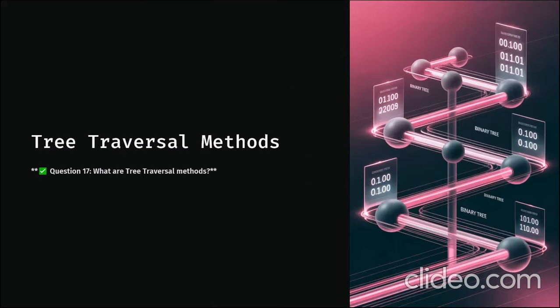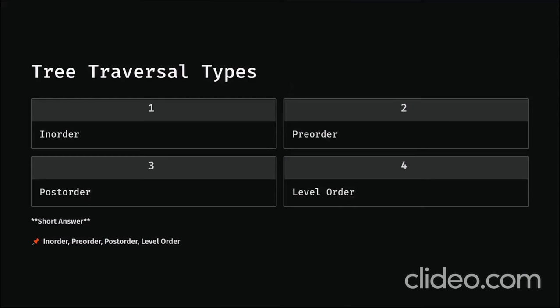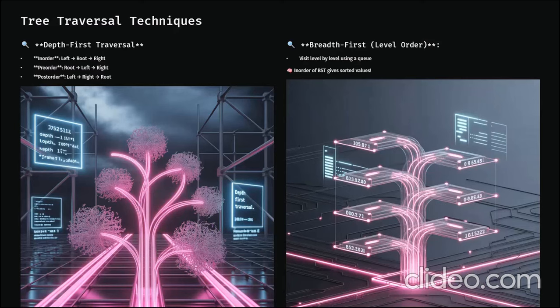What are tree traversal methods? There are mainly 4 tree traversal methods: in-order, pre-order, post-order, and level order. In depth first traversal, in-order means you start with the left node, then the root node, and then the right node.